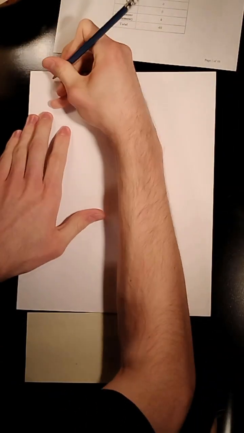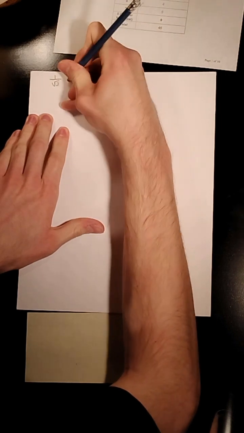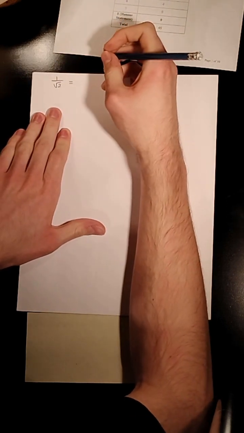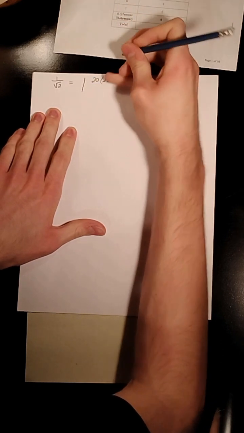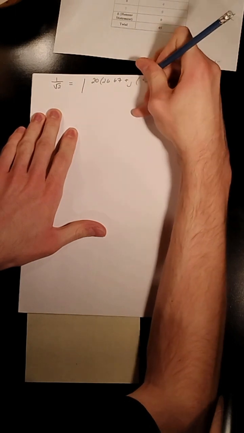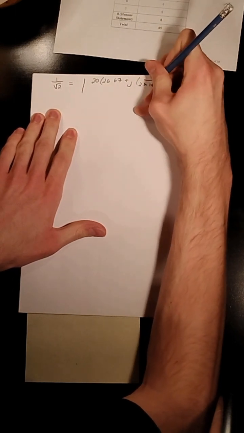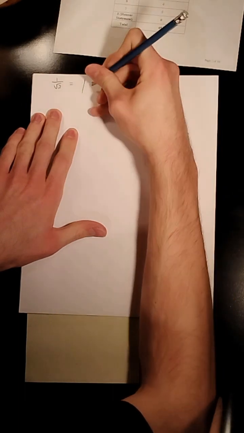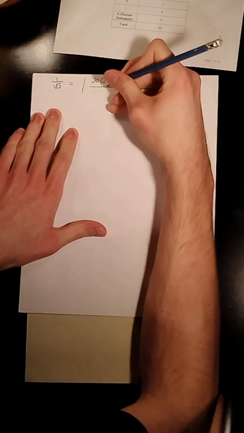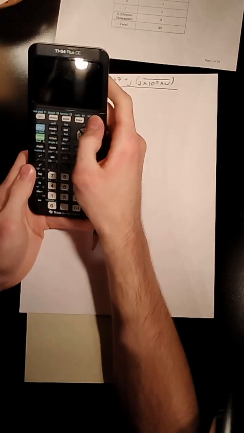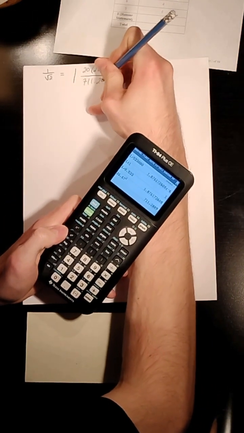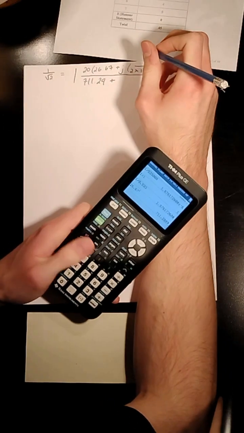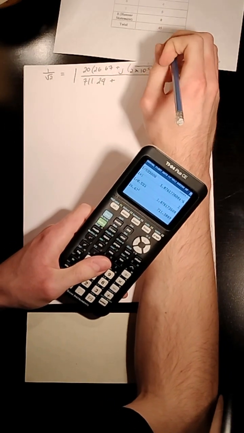So what we have is 1 over root 2 equals the magnitude of 20 over 26.67 plus j, 1 over 2 times 10 to the negative 5 times omega, or 26.67 squared is 711.29, plus 1 over 2 times 10 to the, is that 10 to the 5?